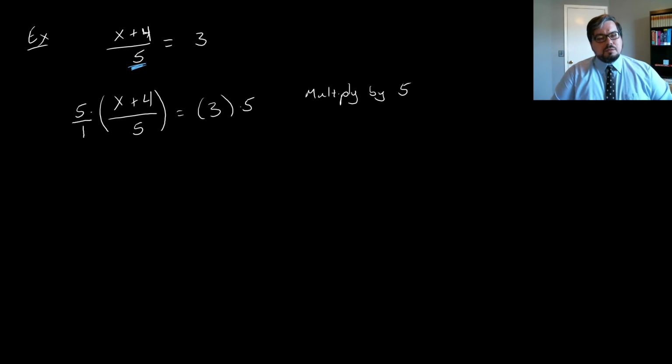So, on the left here, we can see we're multiplying two fractions together. And the first fraction has a 5 in the numerator, and the second fraction has a 5 in the denominator. And whenever we see the same factor in the numerator and the denominator, we can cancel them.